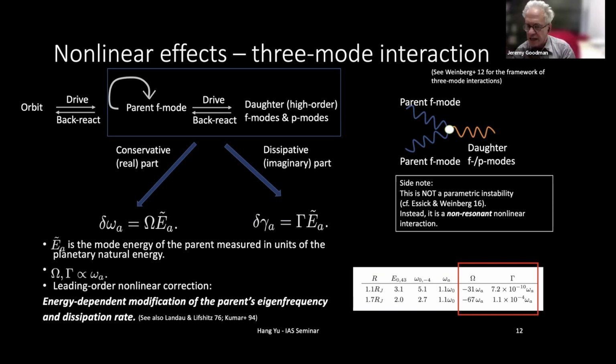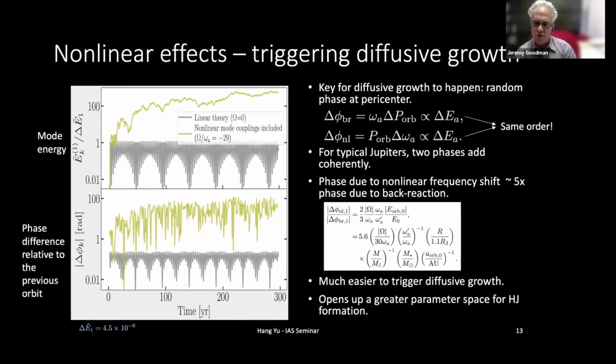These daughter modes are not directly dissipating; they're just changing the frequency of the F mode, essentially. So for this part, we only require the conservative part. I'll mention the energy dissipation later, since energy dissipation is also important here. I'll get to that in maybe two or three more slides.